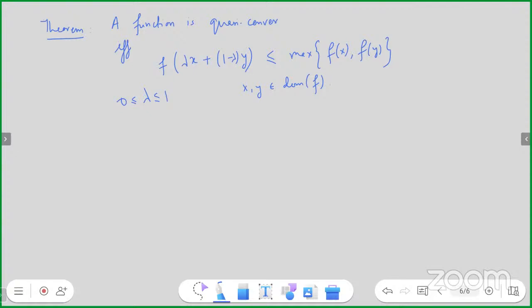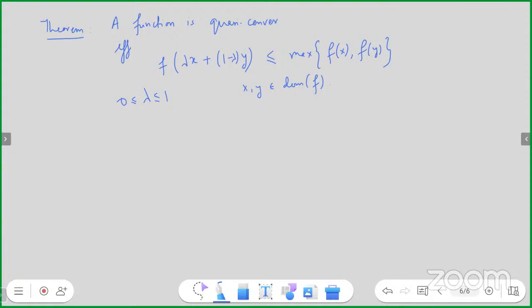Any interpretation for this? Pictorial, geometric, whatever. For convexity, we have a different definition: the left-hand side is less than lambda times f of x plus (1 minus lambda) times f of y. Here we replace that by just the max of the two quantities. So that is allowing us extra freedom compared to the convex function. We had this interpretation that the chord lies above the function for a convex function.